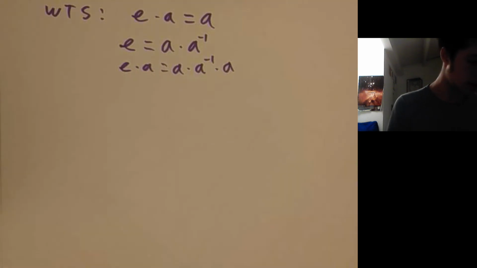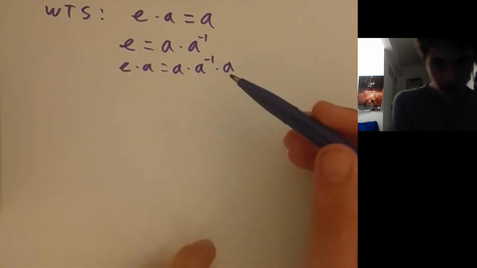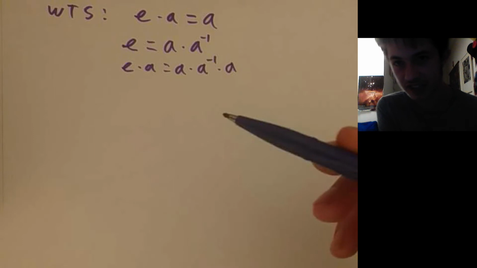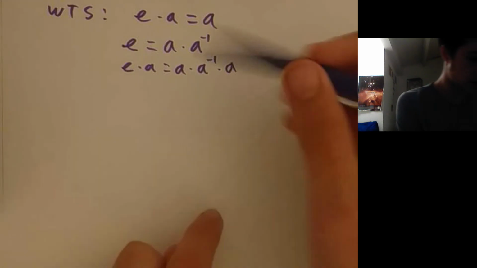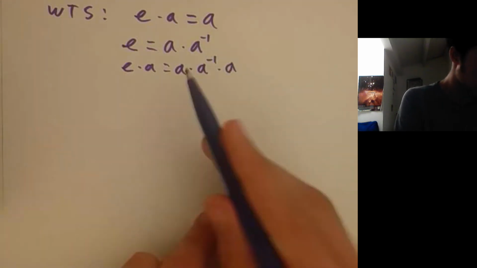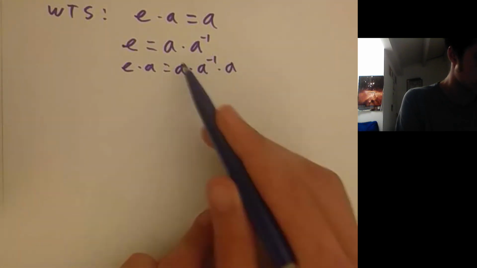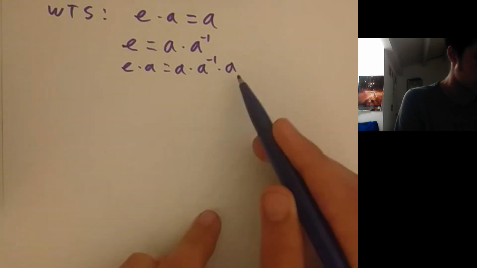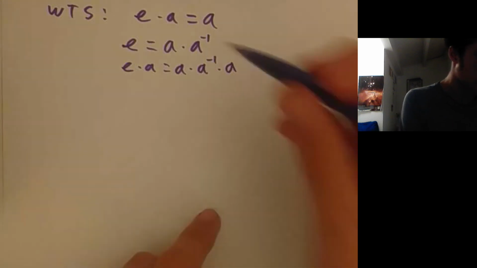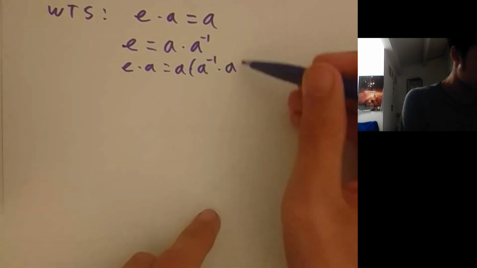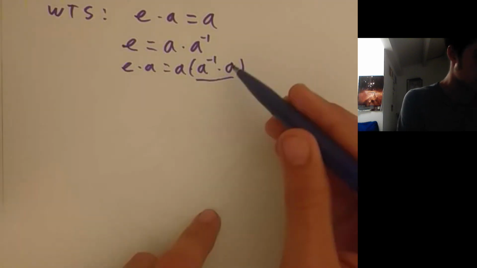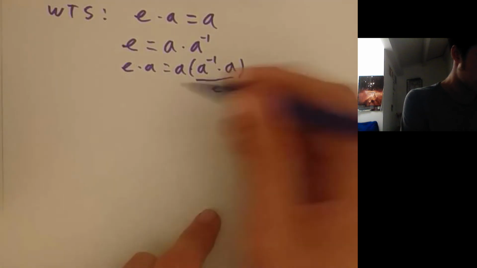And now this actually is the first time we need the second axiom, the associativity, because we first had A times A inverse, and we can imagine some parentheses around this and then right multiplied by A, but now we're going to change the parentheses, and of course we know this is the identity.